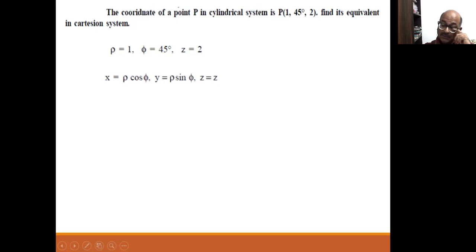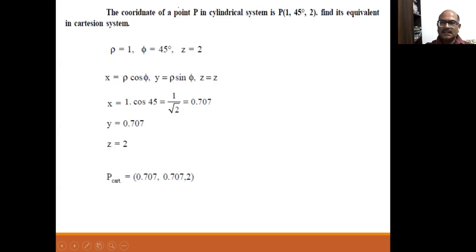We also know that if this cylindrical point is in the Cartesian coordinate system, x, y, z values are easy to find: x is equal to rho cos phi, y is equal to rho sin phi, and z is equal to z. So x is 1 times cos 45, which is 0.707, y is 0.707, and z is the same as given, because the height remains the same.